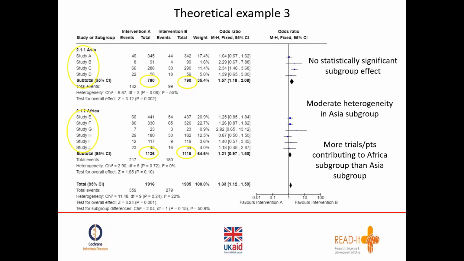As you can see from the I-squared for the overall result, which is 22%, there wasn't much heterogeneity to begin with. So it's more likely that this analysis has been performed to provide estimates of treatment effect for clinically relevant subgroups of patients. So review authors would need to decide whether it's important to present treatment effect estimates for these subgroups.